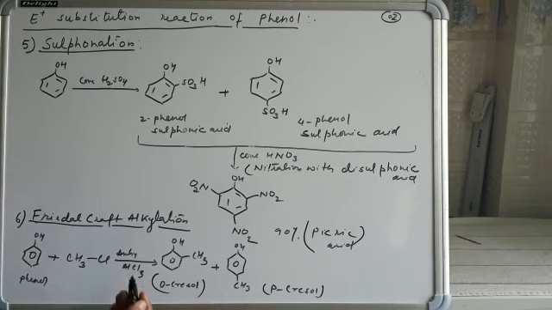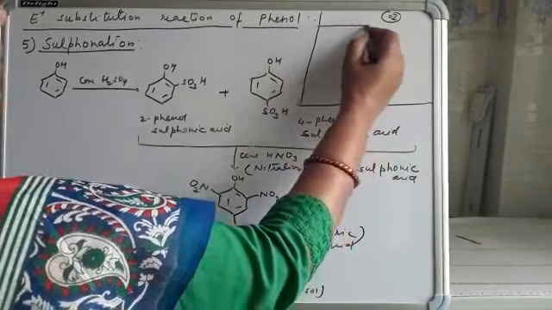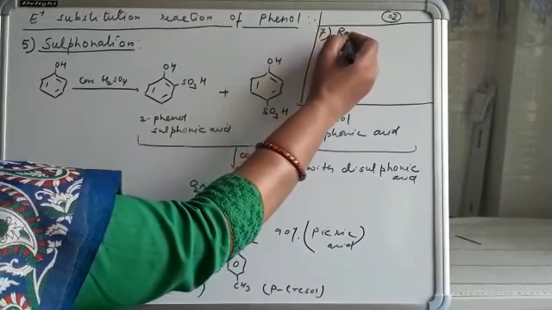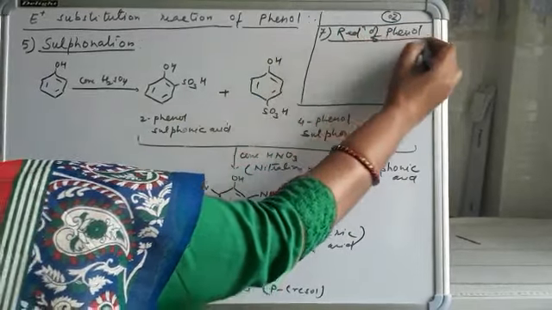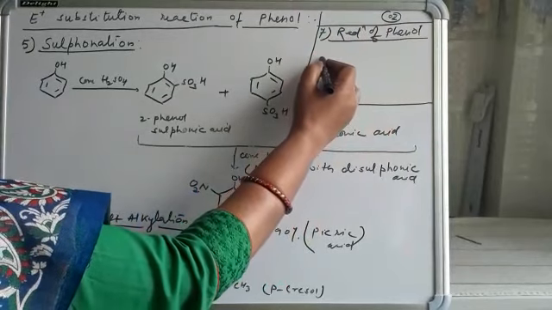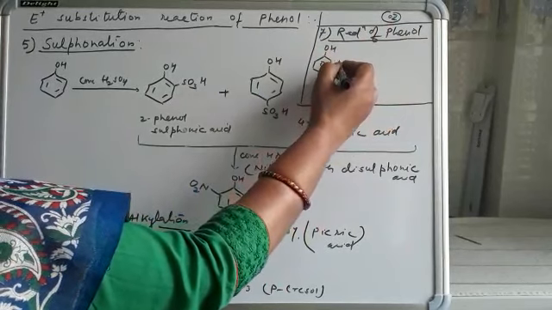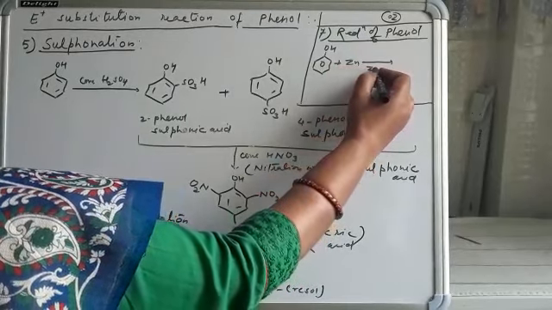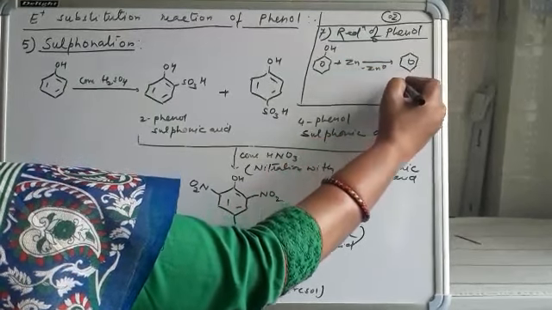Now next, reduction of phenol. When phenol is treated with zinc dust, removal of zinc oxide takes place and the formation of benzene occurs.